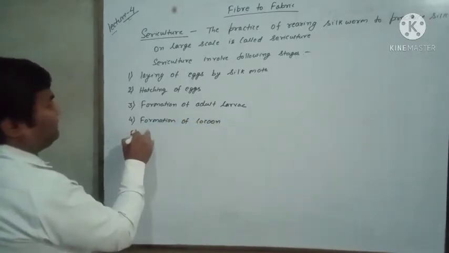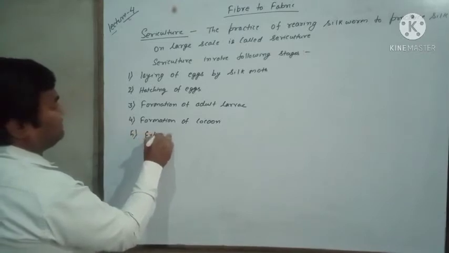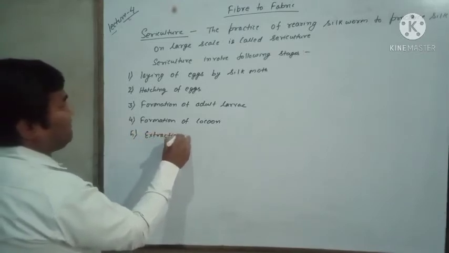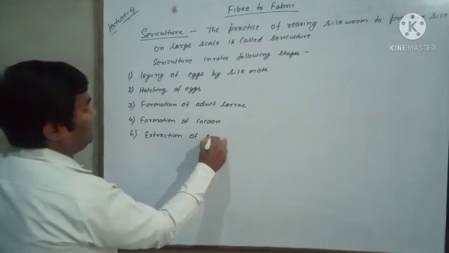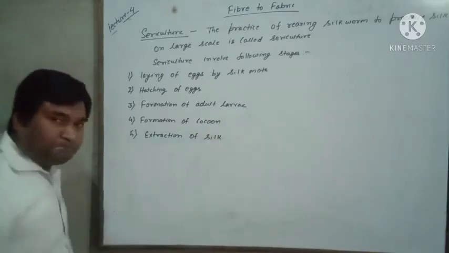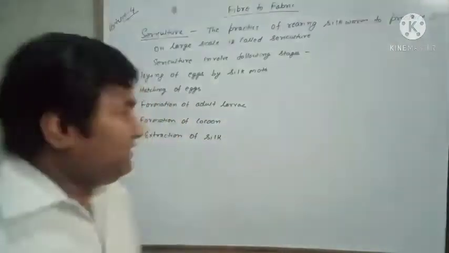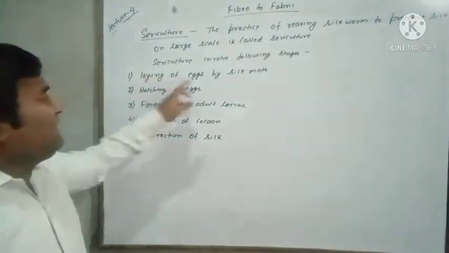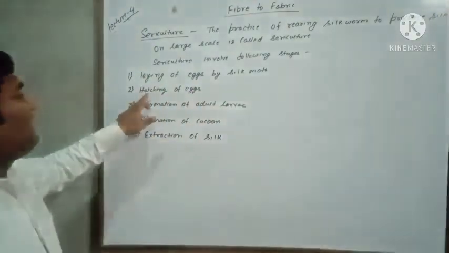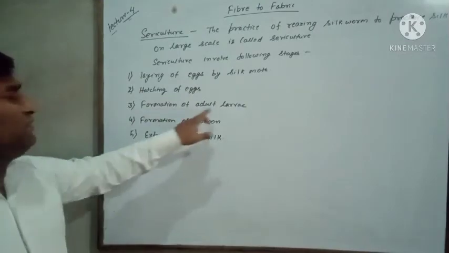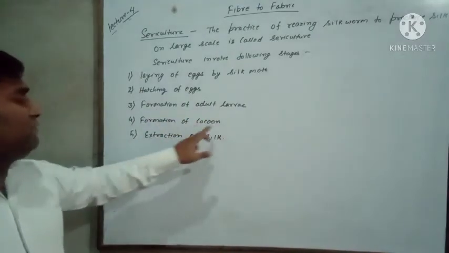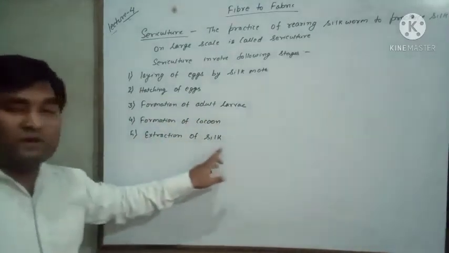And fifth is extraction of silk. So these are the 5 stages: laying of eggs by silk moth, hatching of eggs, formation of adult larvae, formation of cocoon, extraction of silk.